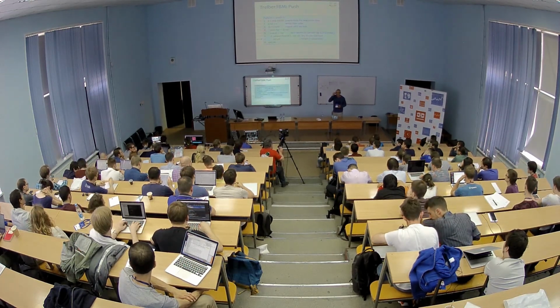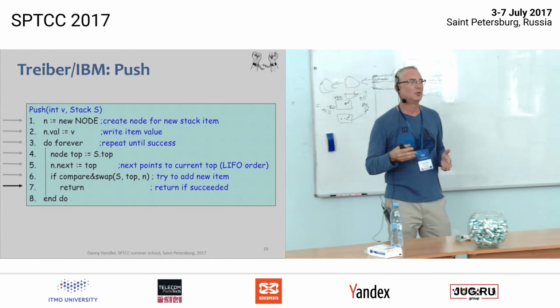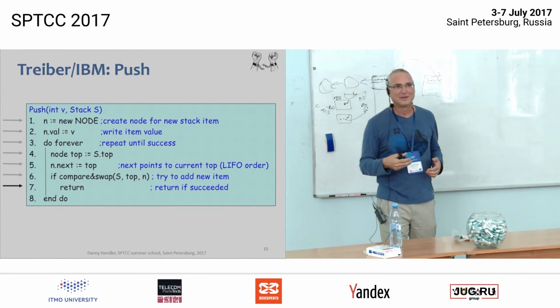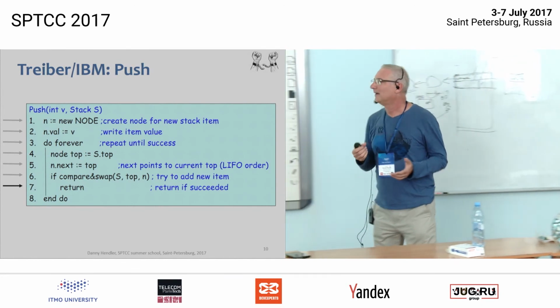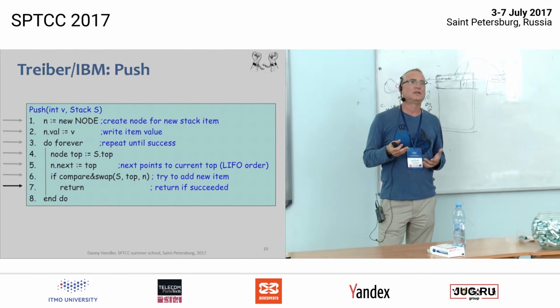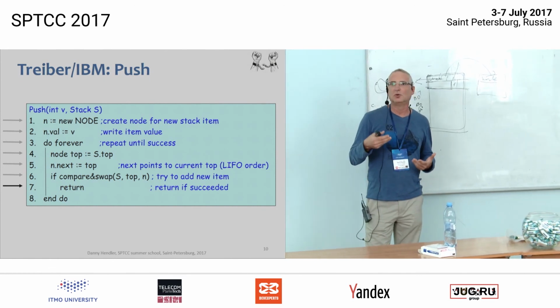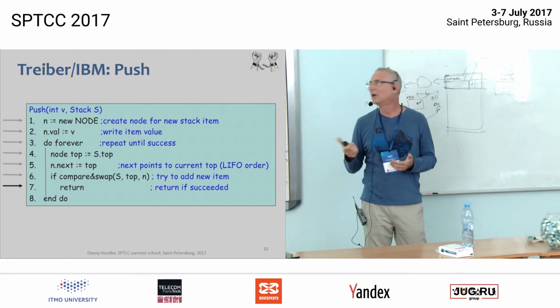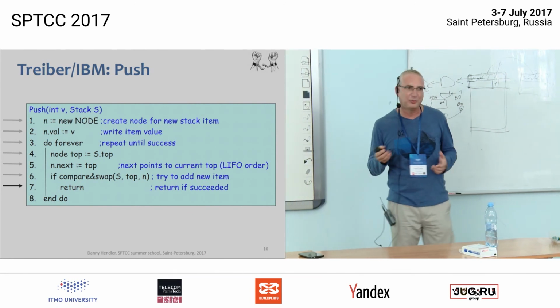Okay. So I guess what you're asking refers to what is called the ABA problem, which means that we read the value of the variable which we would like to apply CAS to. In our case, this is the top variable.